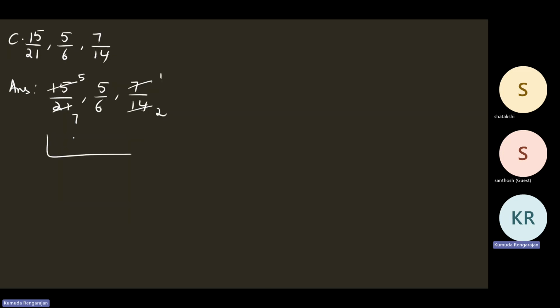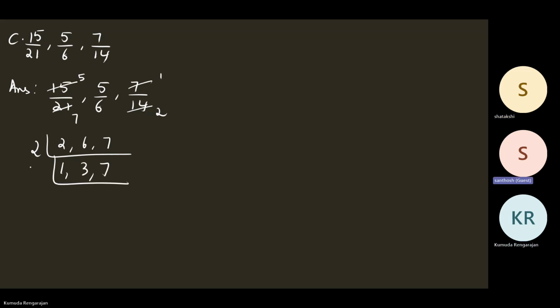So now we have to find the LCM for the denominators 2, 6, and 7. I always write it in the order 2, 6, and 7; you can also write 7, 6, and 2. Nothing wrong with that. So first we take 2, then 1, then 3, then 7.